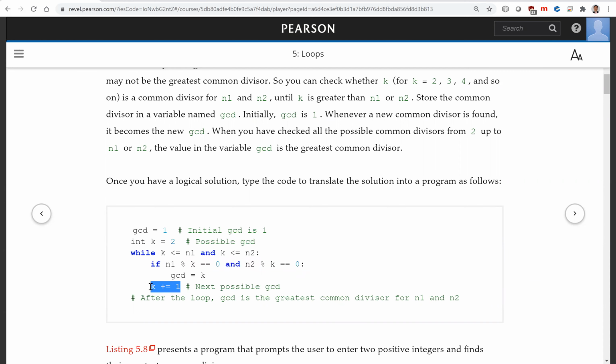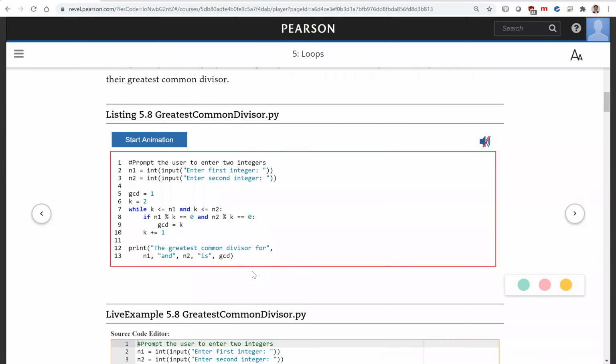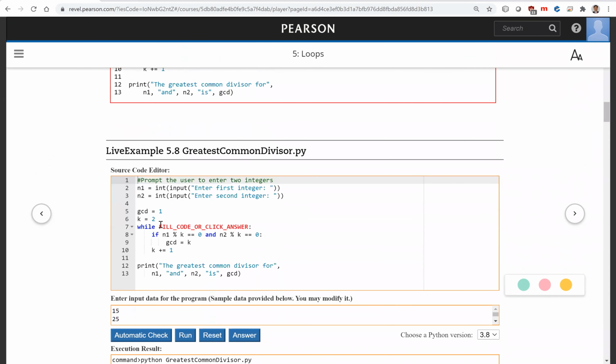So we're going to check the next k. So this is the program, and we write this program now. k is less than or equal to n1, and k is less than or equal to n2.